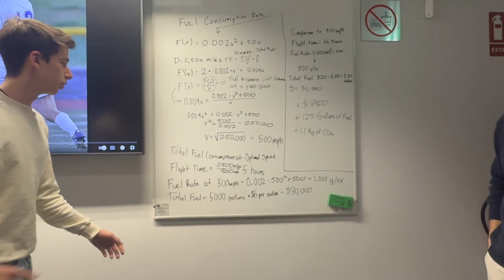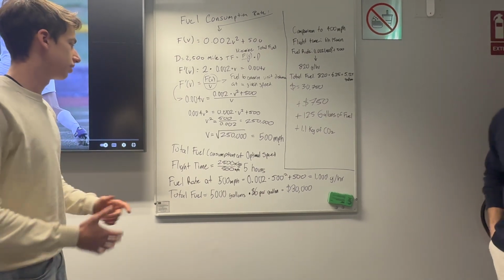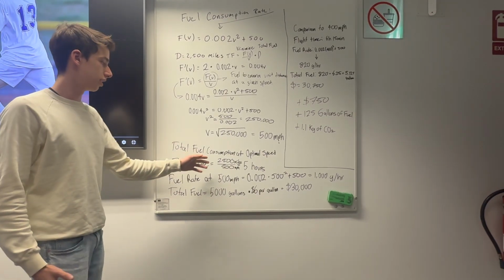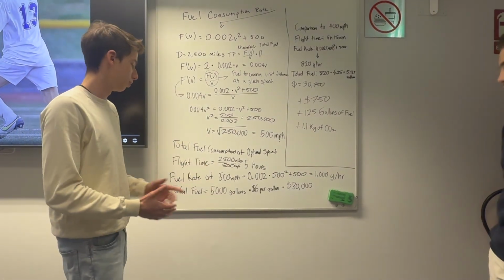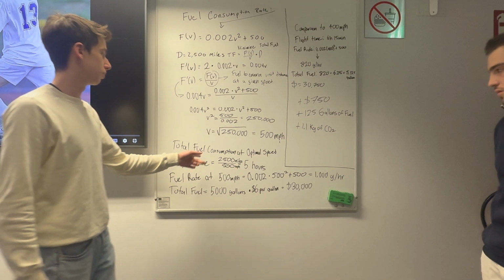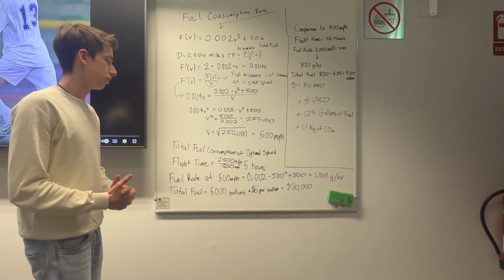So in order to find the total consumption at optimal speed, we first need to identify the flight time, where we divide distance by speed, and since we divide 2,500 miles by the optimal speed, which is 500 miles per hour, we get 5 hours for the flight time.